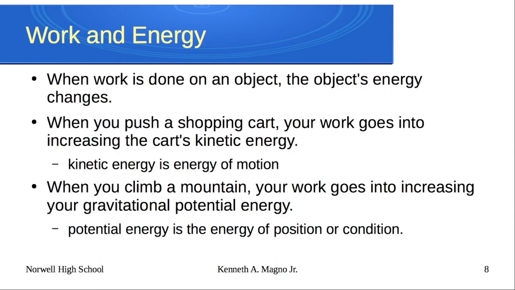When you climb a mountain, or if you take a book and put it from the floor up on a shelf, you're going to be changing that particular object's, or if you're the person climbing the mountain, your gravitational potential energy. Potential energy, which has various forms, is energy that's related to a position or conditional change.